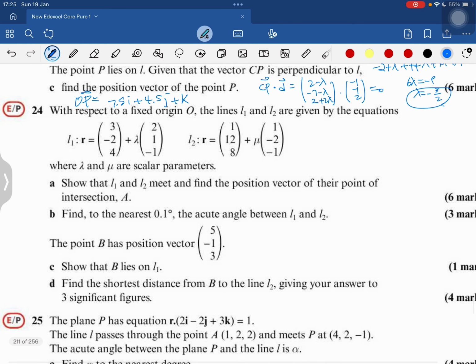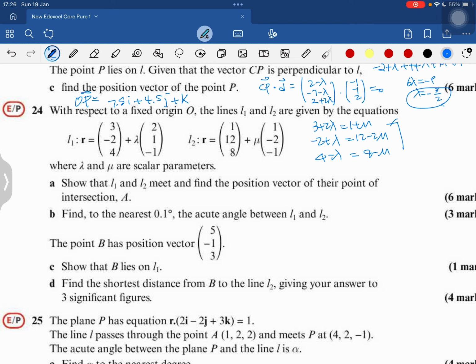Number 24. We have L1 and L2 meet, and find the position vector of their point of intersection A. Okay, so let's put them together. 3 plus 2 lambda becomes 1 plus mu. Negative 2 plus lambda becomes 12 minus 2 mu. 4 minus lambda, 8 minus mu.